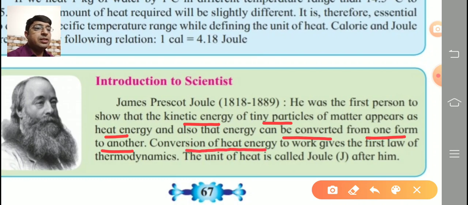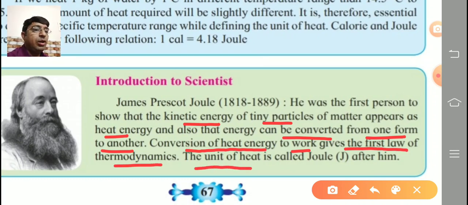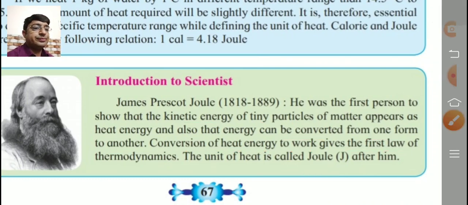Conversion of heat energy to work gives the first law of thermodynamics. That's why the unit of heat is joule after him. Joule is the name of the scientist. So this is a small introduction given about the scientist James Joule.